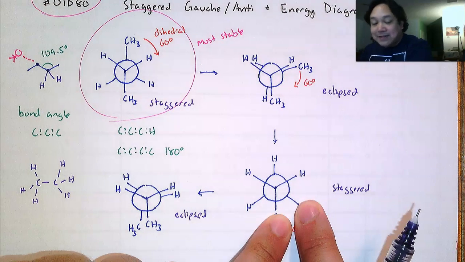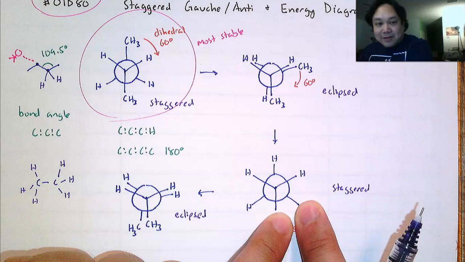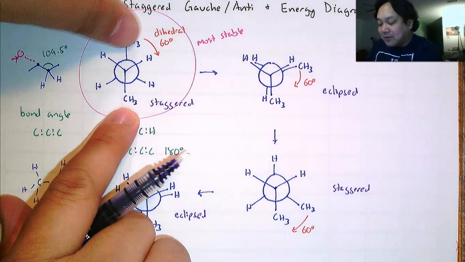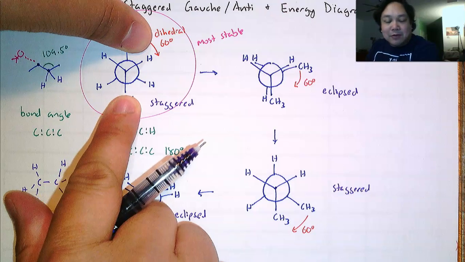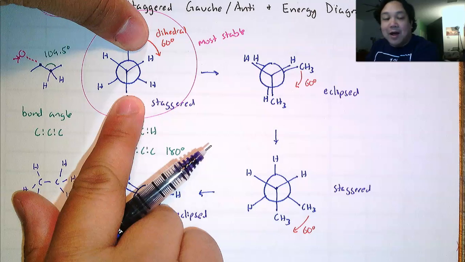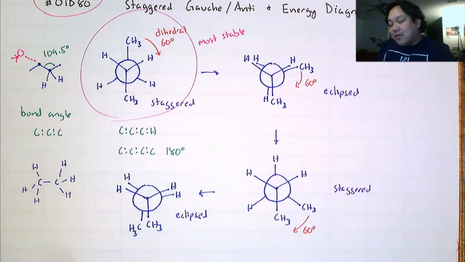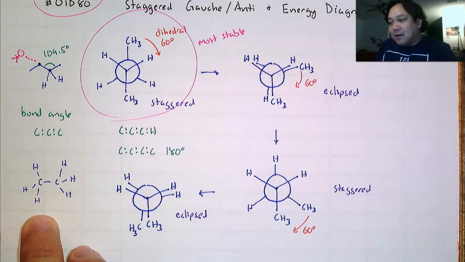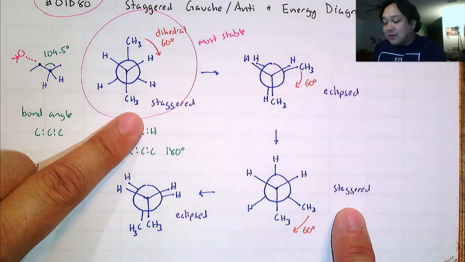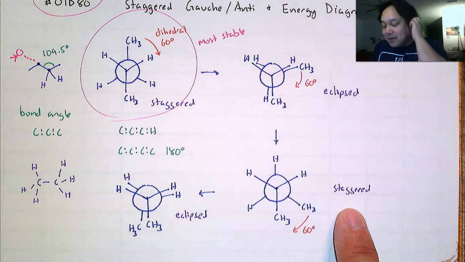Okay, we have that staggered, and that's going to be the same energy as this staggered, because if we have these two as hydrogens, it's the same looking molecule, right? Imagine that these two methyl groups were hydrogen. So ethane only has one staggered energy level.